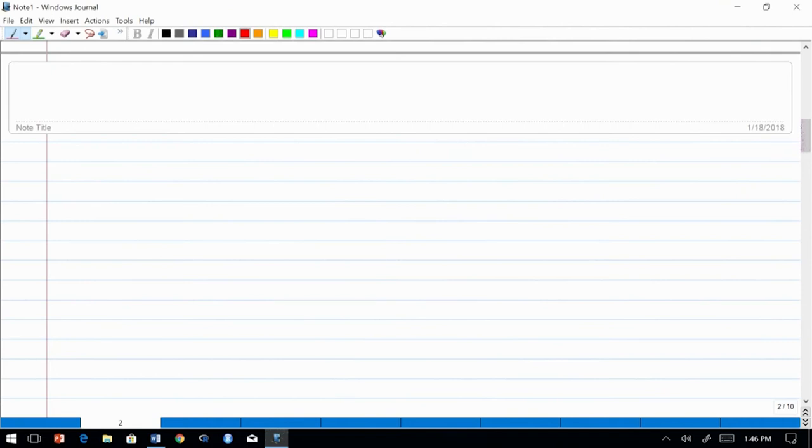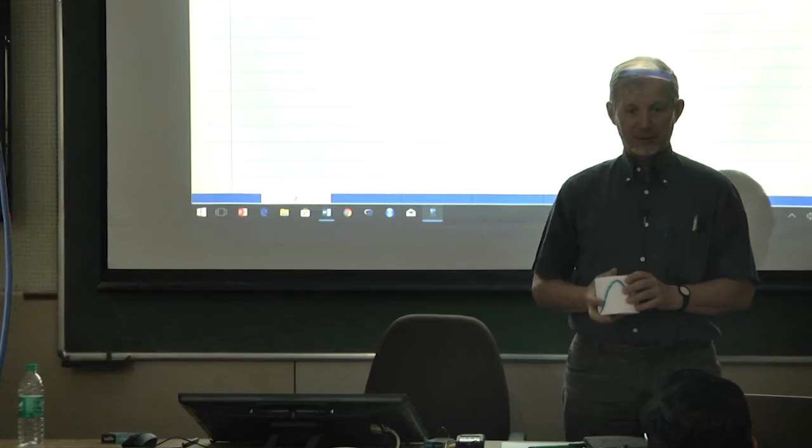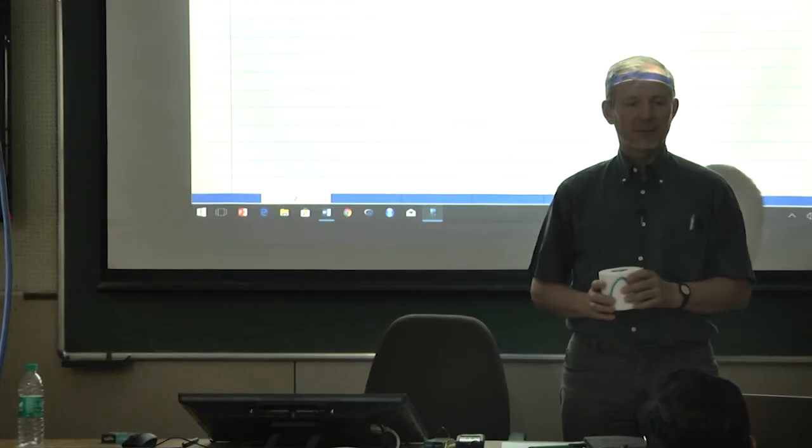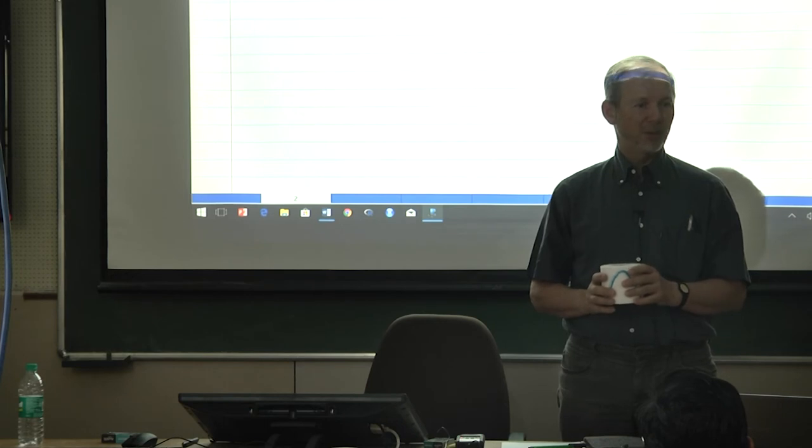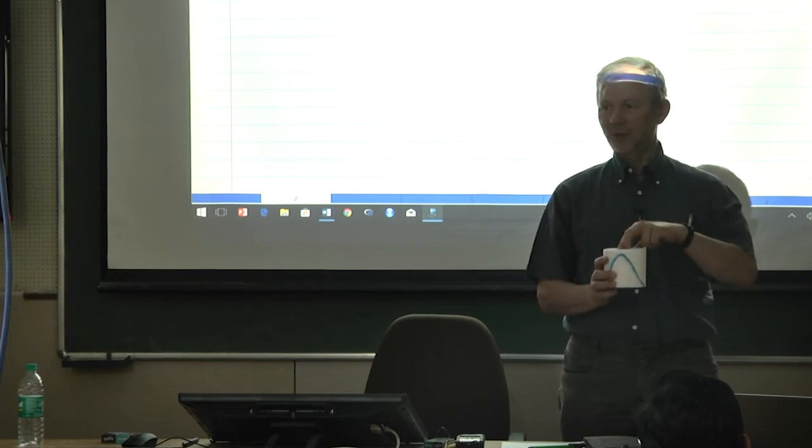So I will try to demonstrate it in a rather drastic way with my objects here. The first thing is what you learn, and I have already mentioned it in the course earlier, that a function which is periodic is a function on the torus. So a function on the torus, I look from above.